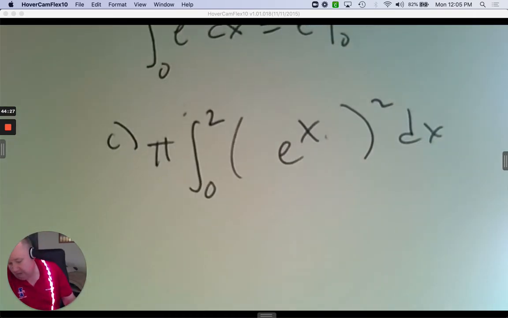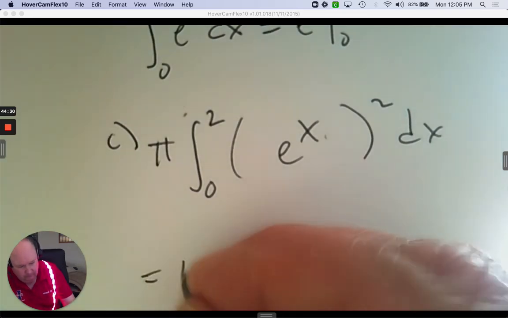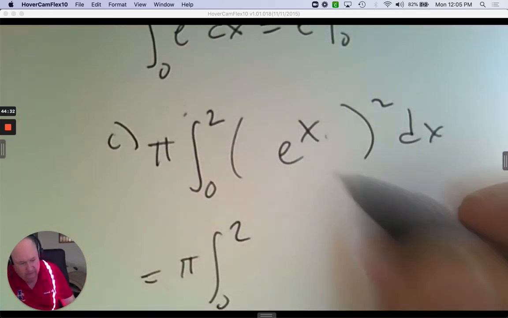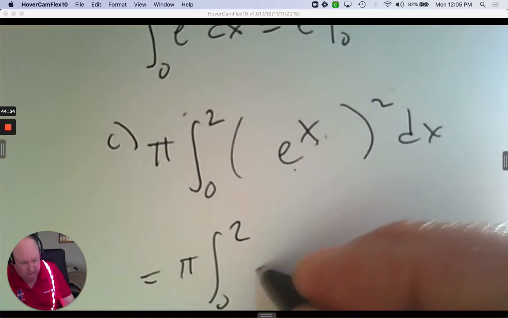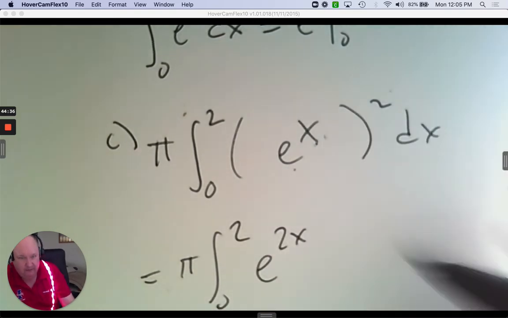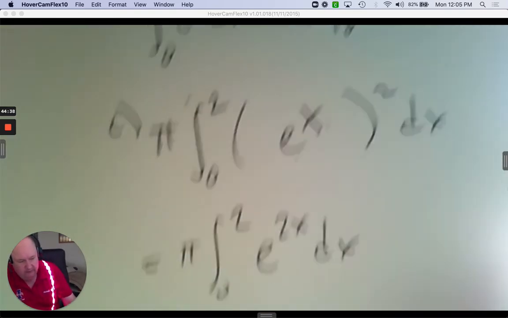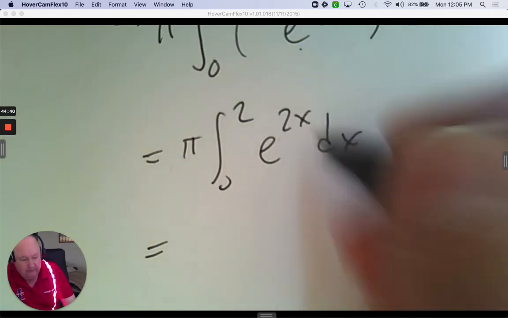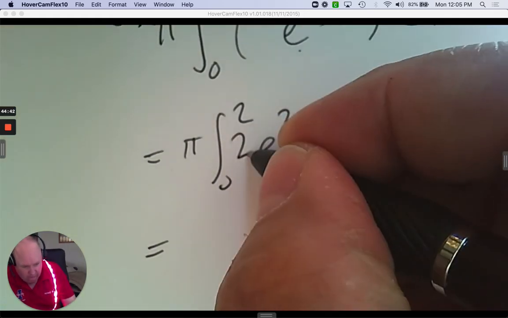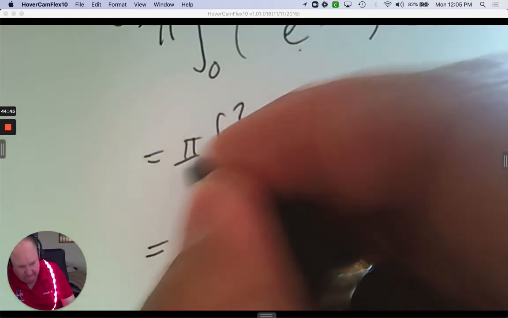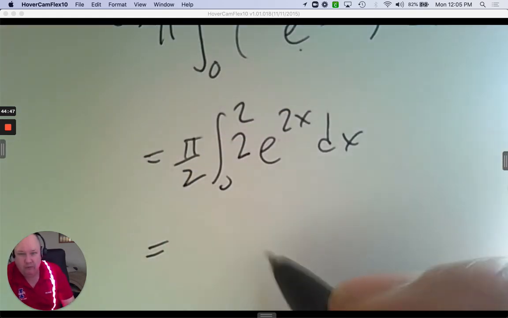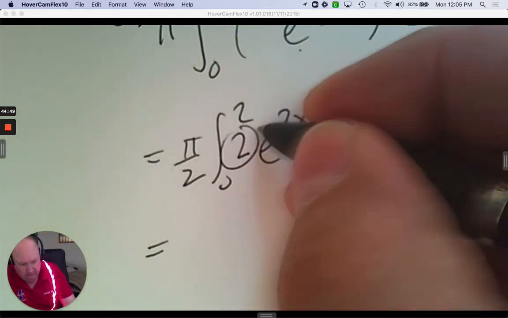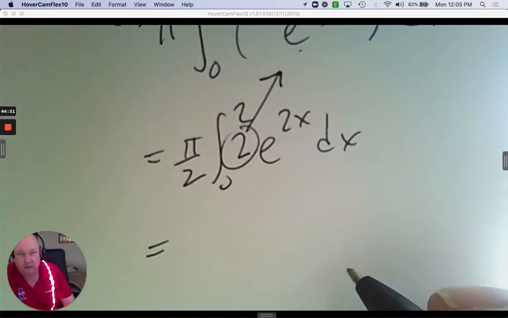To find the volume, we're going to simplify it first. So e to the x to the exponent 2 is e to the 2x, when you multiply the exponents together. The derivative of e to the 2x brings down the 2, the exponent, so I need a 1/2 in front.